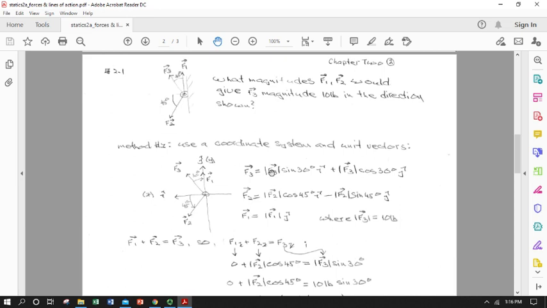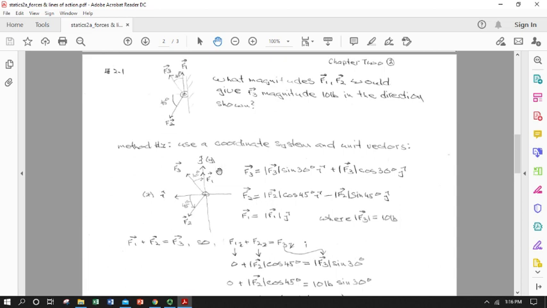And what I want is the magnitude of F2 and the magnitude of F1. That's what somebody asked me for. So I want to see right now, do I have enough equations to solve for both of those? I know I'm going to have one equation that says everything in the x direction has to add up, and everything in the y direction has to add up. So I know F3, I know sines and cosines of angles. I don't know F2 and I don't know F1.